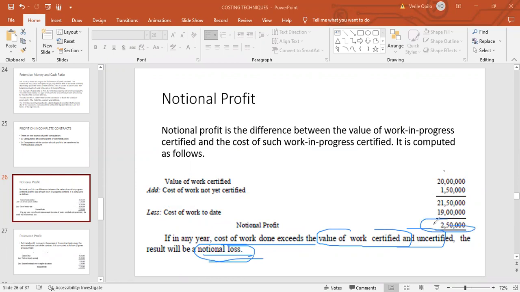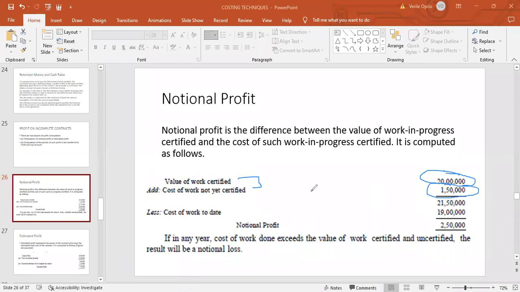So it is possible. Let's look at an example here. These figures are just provided as explanatory figures. They are not computed from anywhere. So let's say we have a company that had value of work certified as 2 million, and then the cost of work not certified was equal to 150,000.